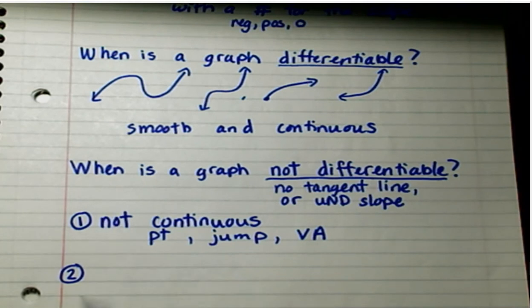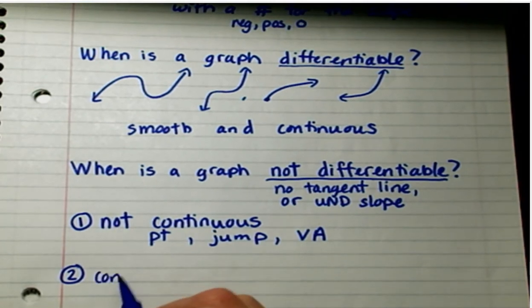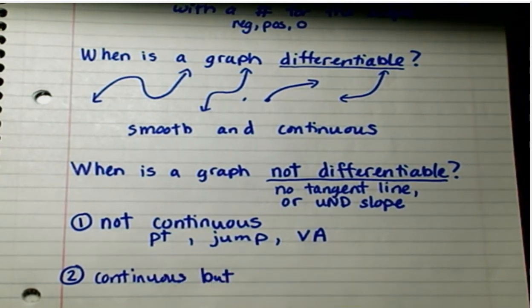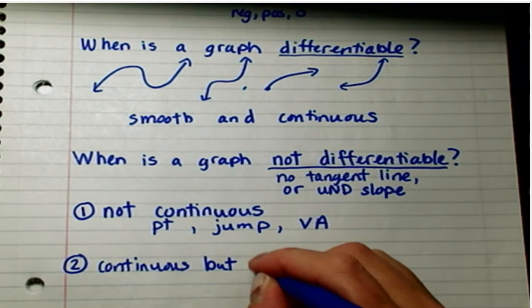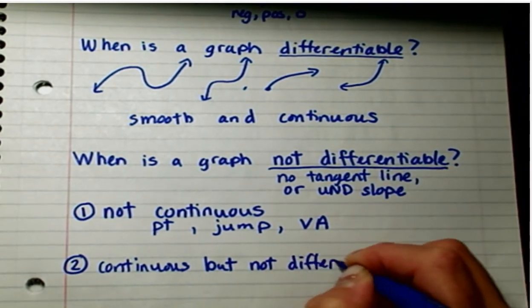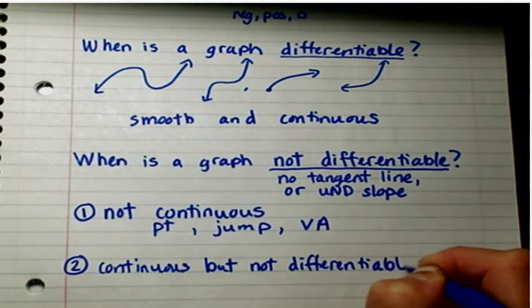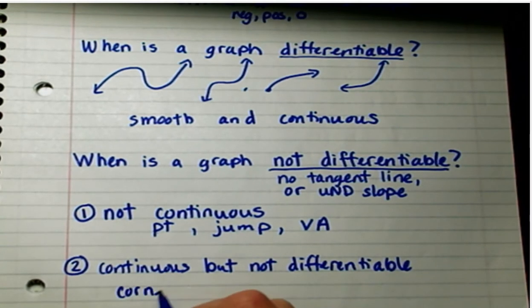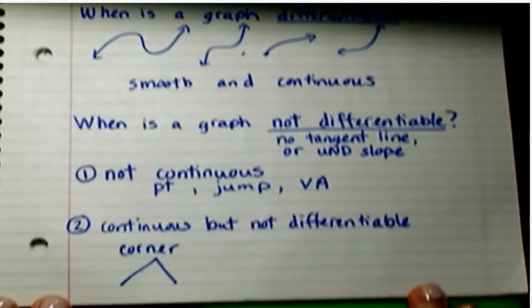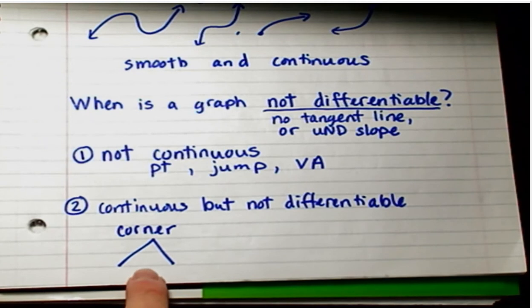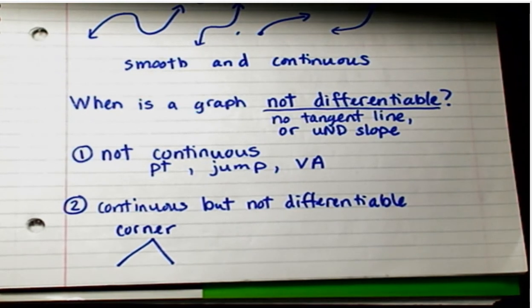Okay, second option. Continuous, but not differentiable. Corner. This is a sharp turn. Notice up here I said smooth. This is not smooth. Corner in the graph.